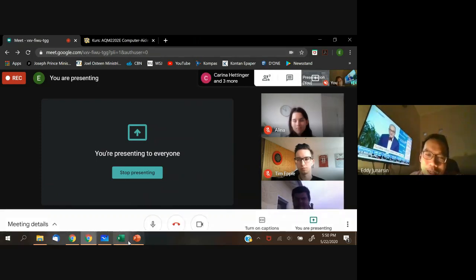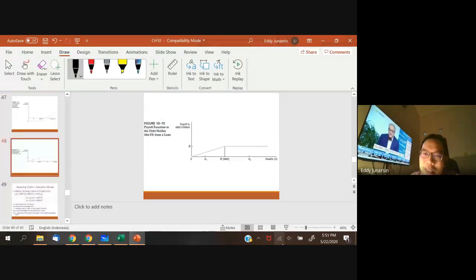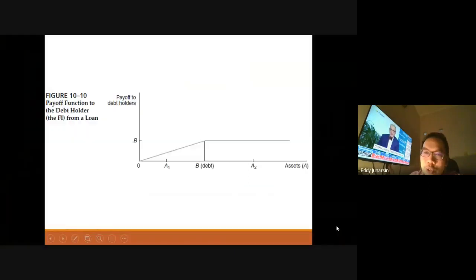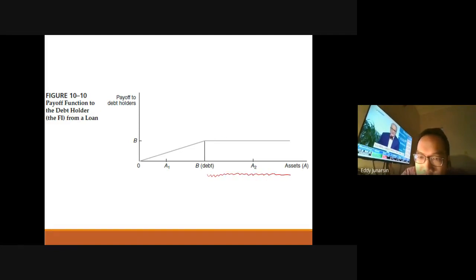Right? On the other hand, what is happening to the bank, to the financial institution? So the financial institution is facing an opposite situation. If something is going well, you see here, the asset value of your client is increasing, then what will you get?